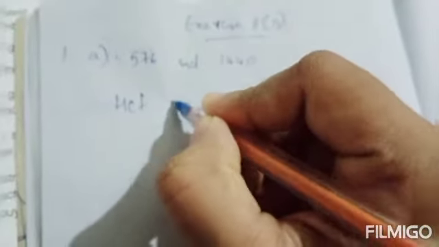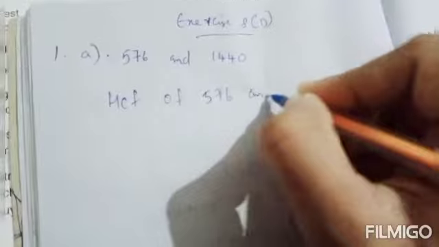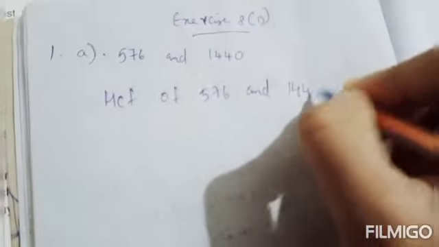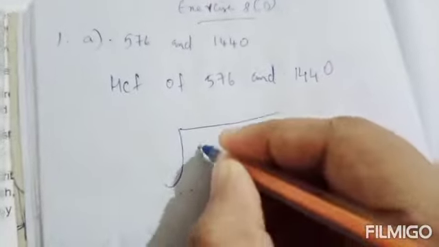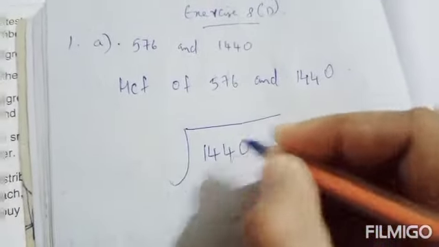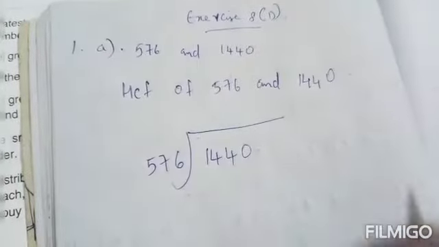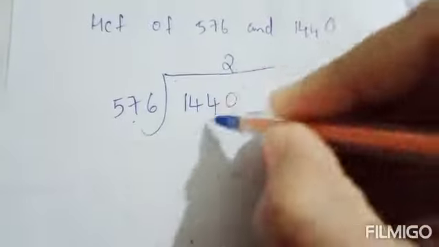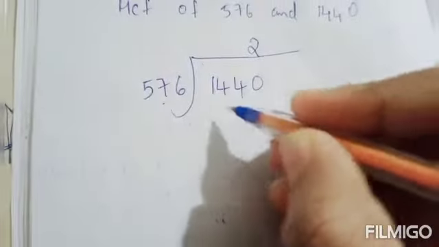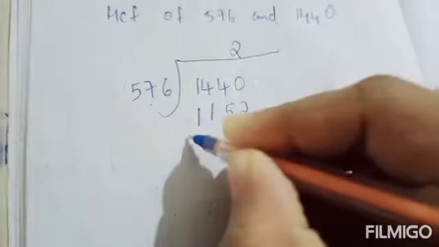HCF of 576 and 1440 you can find by division method. 1440 you can divide by 576. You will get 2. 576 into 2, it is 1152.